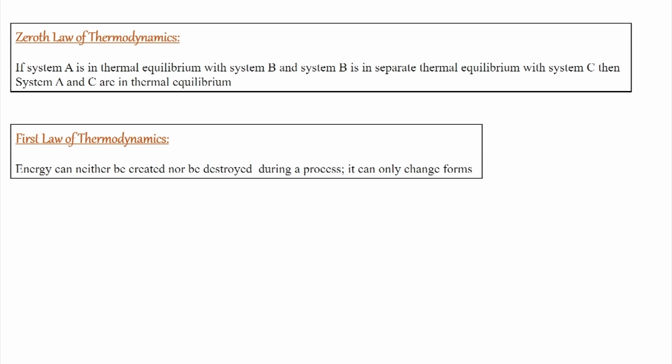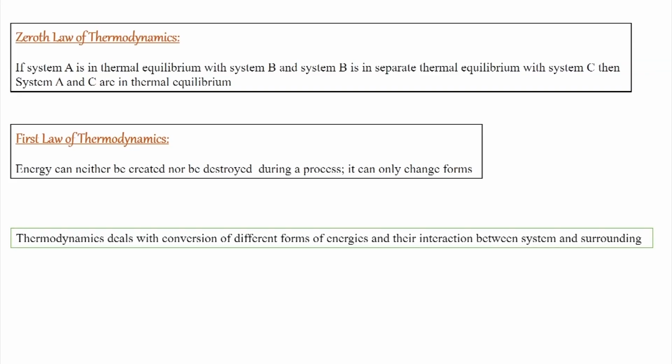This law of energy conservation has many implications in understanding the system, and it helps us by having its mathematical formulation available in the format of the energy conservation equation. Basically, thermodynamics in general deals with different forms of energies and their interaction between the system and the surrounding.